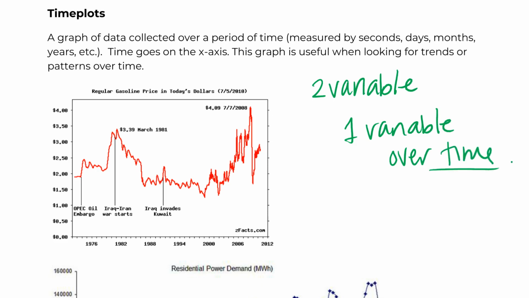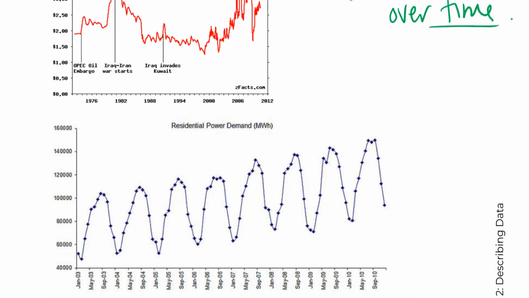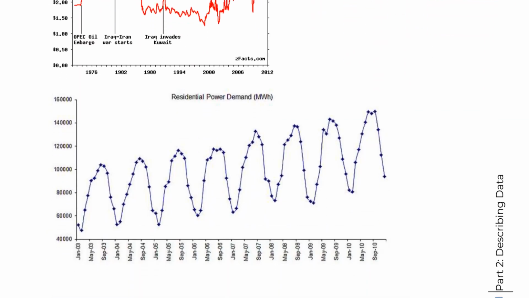But you can imagine this being particularly useful in like a prospective study. Never going to see any questions about time plots on an exam. I mean, I guess I could put one on, like this last one, and ask you what different trends are you seeing in the residential power demand. And if you glance at this, hopefully you see this sort of cyclical pattern and you go, what's causing that? It looks like there's peaks, and the peaks are always in this like May to September.